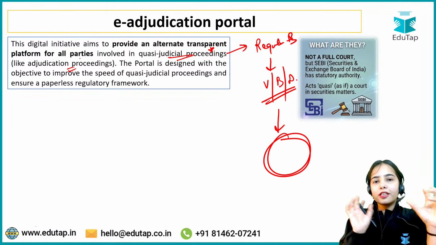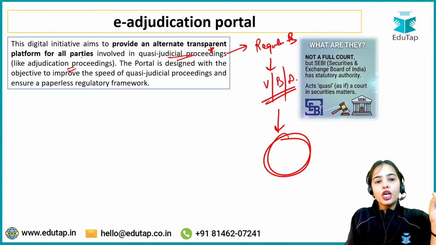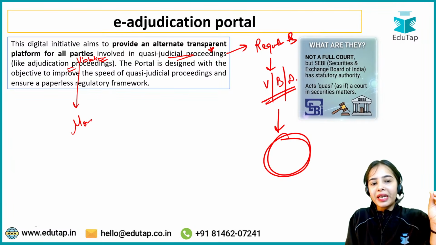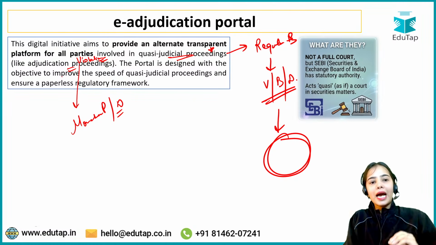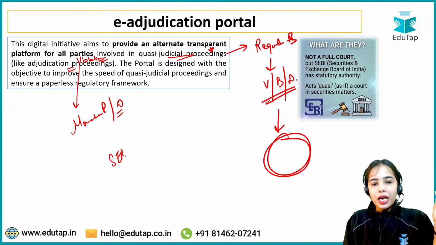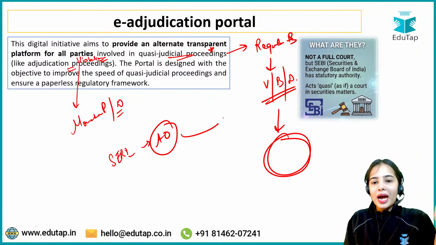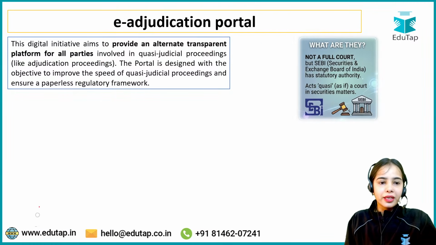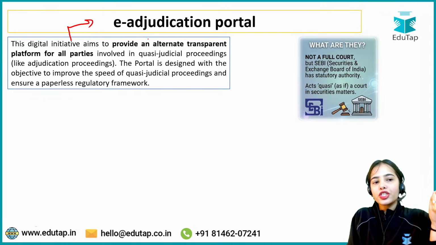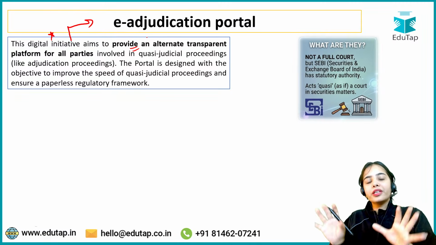Adjudication proceedings are the formal legal process undertaken to handle the violations done by a certain entity, and under them there can be a monetary penalty imposed, or directions imposed on a certain entity. For the adjudication proceedings, SEBI appoints adjudication officers to handle the whole formal legal process. So the E-adjudication portal is the digital initiative aimed to provide an alternate, transparent platform.